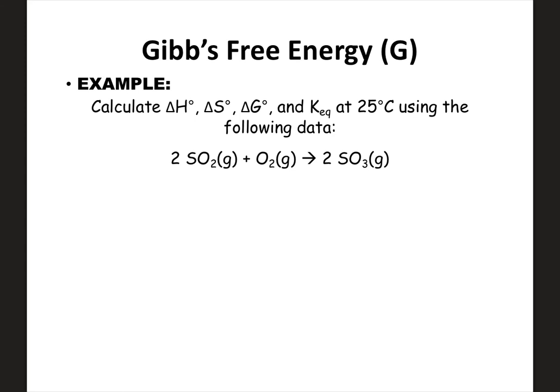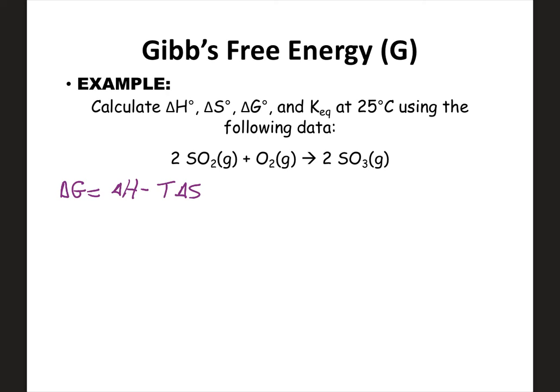Now we are ready to find delta G here. Remember, our table of information did not give us anything about the delta G of formation, so we couldn't use products minus reactants. We have to use our delta G equals delta H minus T delta S equation in order to calculate our delta G. So we're going to need to figure this out based on our enthalpy, our entropy, and the temperature.